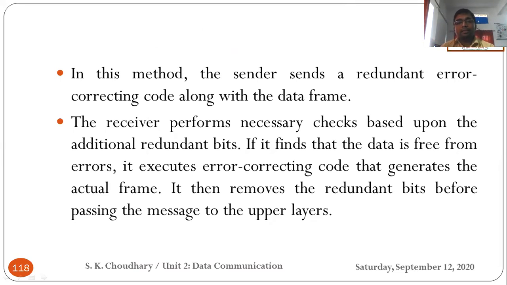If it finds that data is free from error, it executes the error correcting code that generates the actual frame. It then removes the redundant bits before passing the message to the upper layer.